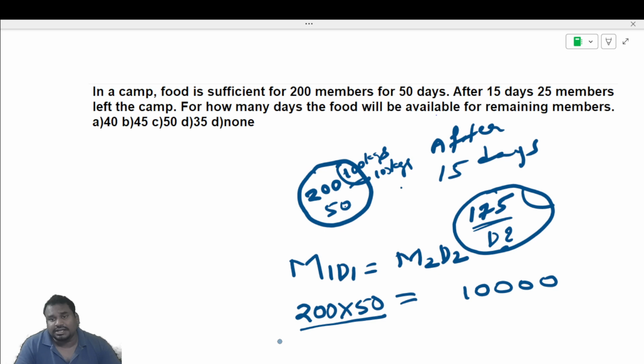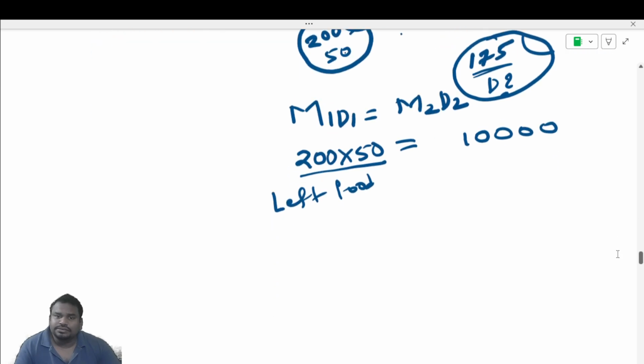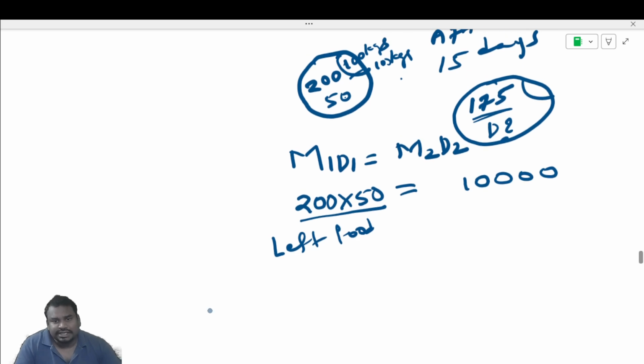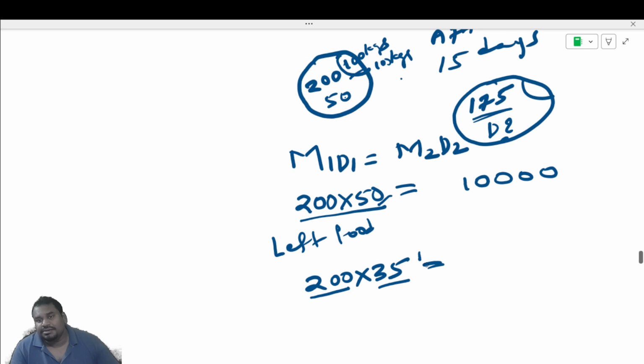That we need to calculate. For the left food, I'll take the 200 only, but the number of days, after 15 days, will be 35 days remaining, because the food was sufficient for 50 days. After 15 days, when some people left, it would be sufficient for 200 members for 35 days. So that has to be divided for the remaining people. So this is the amount of food which was left.